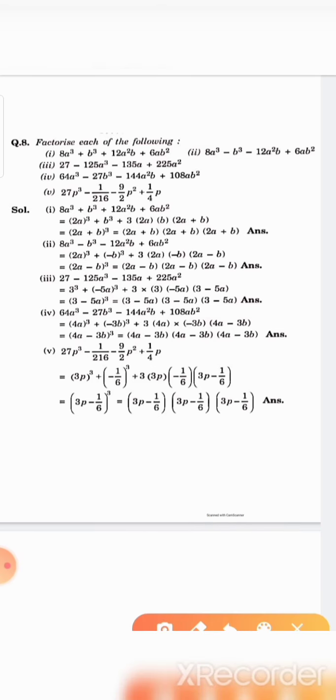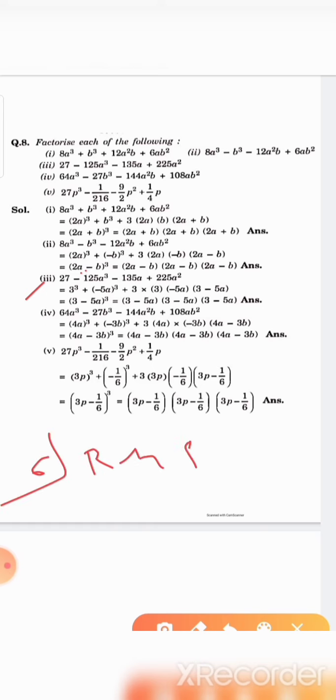Similarly, in question number 3, 27 minus 125a cube minus 135a plus 225a square. Again it is in the form of the RHS of identity number 6. So comparing, first we write the whole cube terms of the RHS of identity number 6.